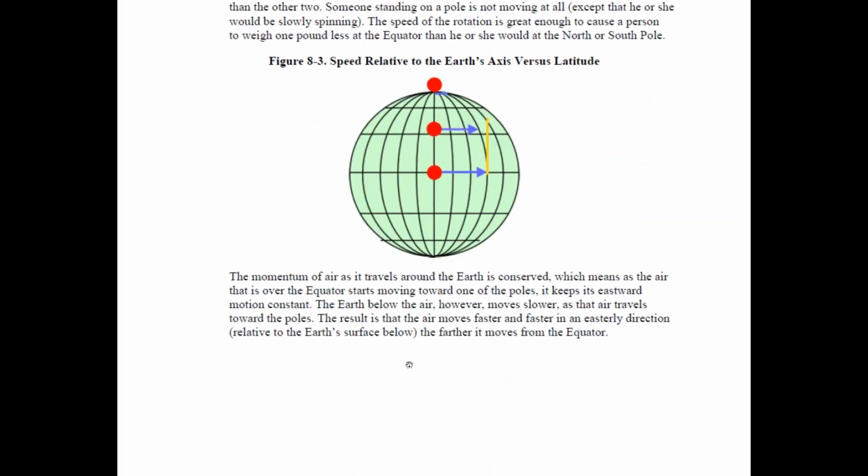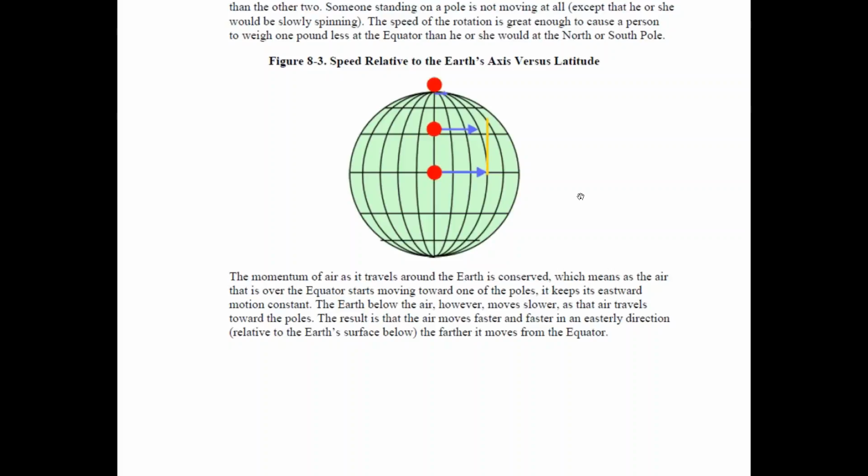The momentum of air as it travels around the Earth is conserved, which means as the air over the equator starts moving toward one of the poles, it keeps its eastward motion constant. The Earth below the air, however, moves slower as that air travels toward the poles.